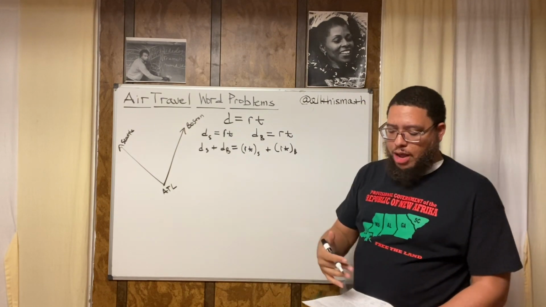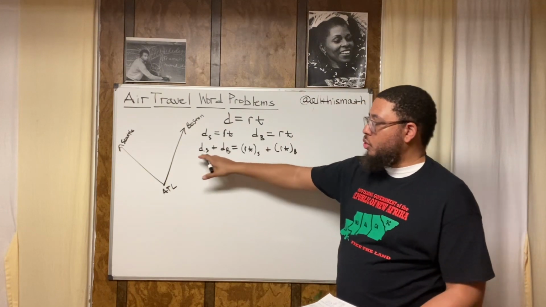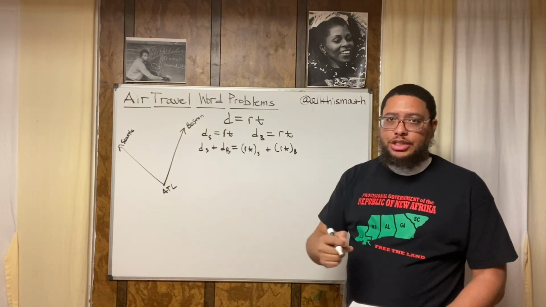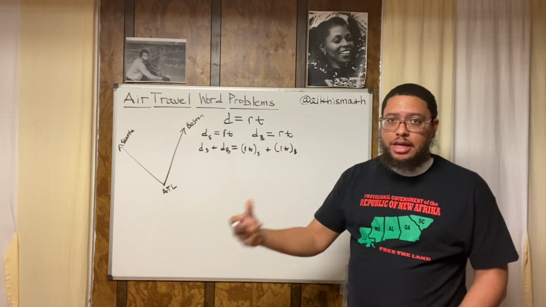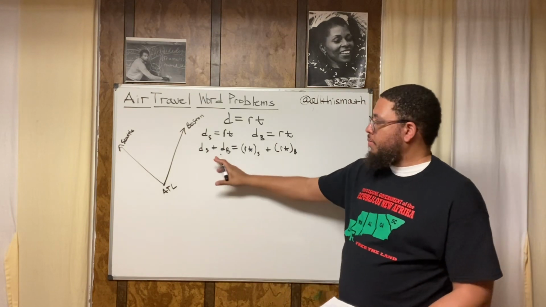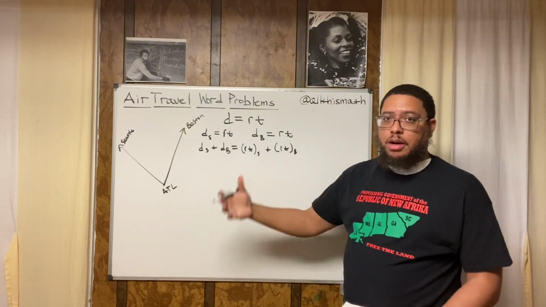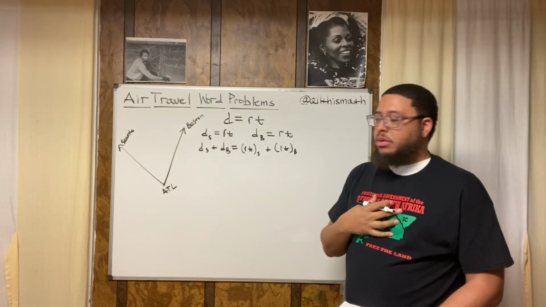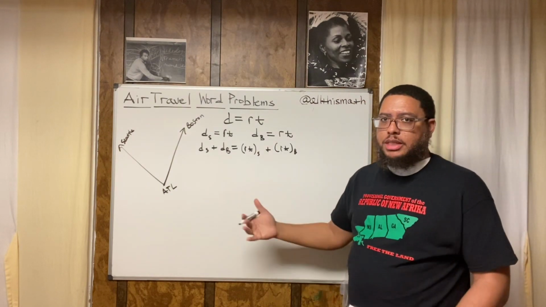We were told in the problem that the total distance traveled was 3,124. Total, when you see the word total, that means addition. You added something to something else, or adding a bunch of things together, but you're doing addition. The distance to Seattle plus the distance to Boston equals a number. That number we know. But then the question is, what's that equal to? If we need an equation, we need to know what that's equal to.